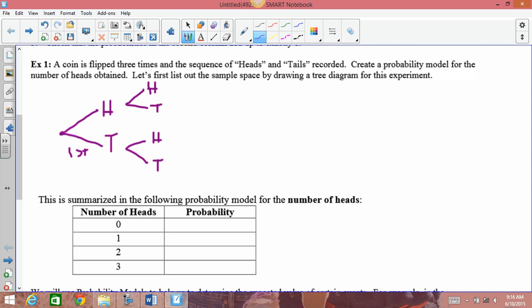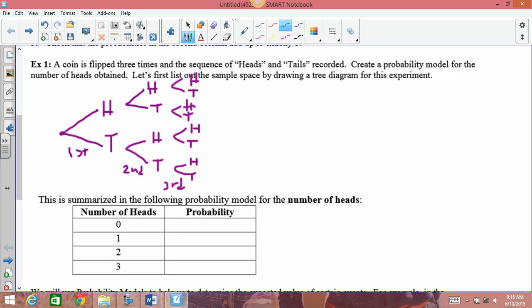This is representing the second coin toss. Then if I toss it a third time, I'm branching off from each one of those twice, and so those represent the third coin toss, and each of those get a head and a tail. We did something very similar, if not this exact problem, in a previous section.